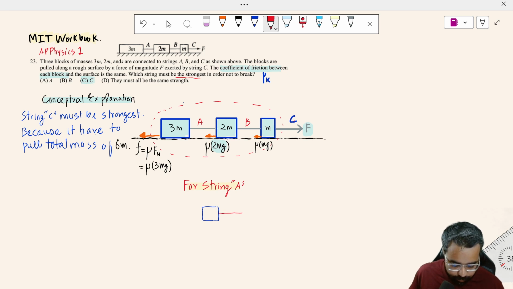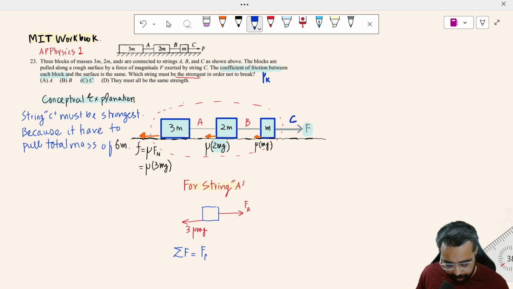This is a force, I'm calling it Fa, whereas this is a frictional force, 3 mu mg. So the sum of all forces along the x-axis, the net force, is Fa, the force in string A, minus the frictional force 3 mu mg, equals 3ma.